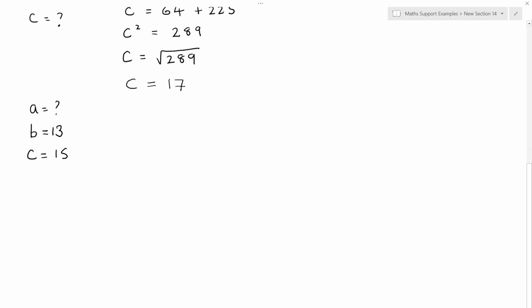We're now going to use Pythagoras' theorem. A squared plus B squared is equal to C squared. We have A squared plus 13 squared is equal to 15 squared. So we see that A squared is going to be 15 squared minus 13 squared.